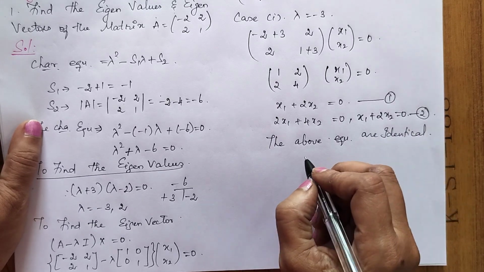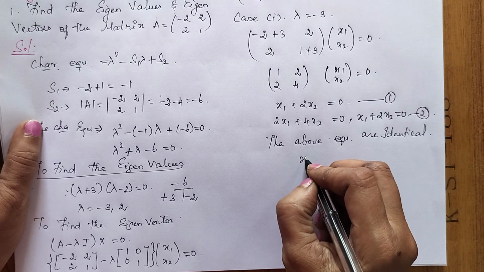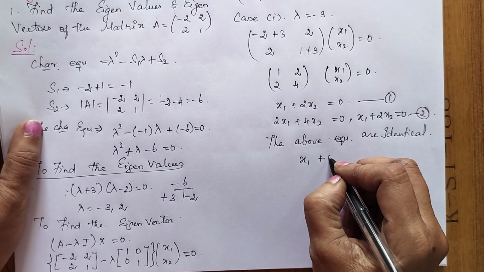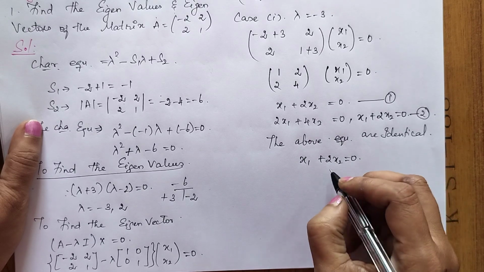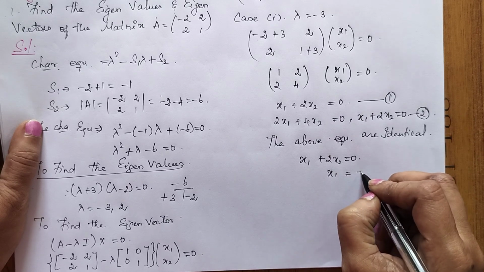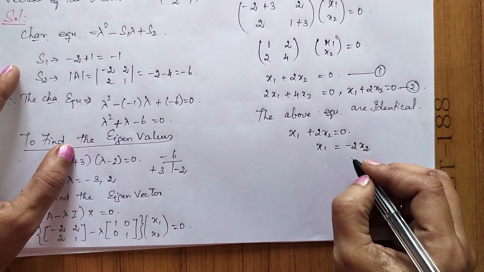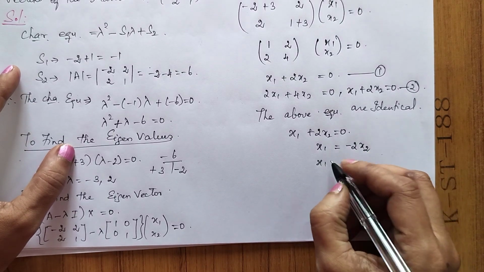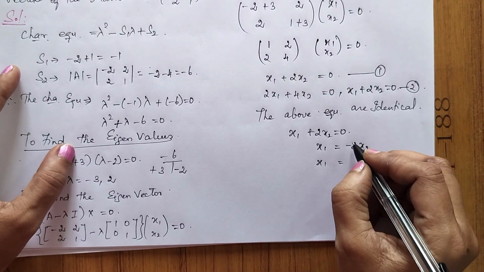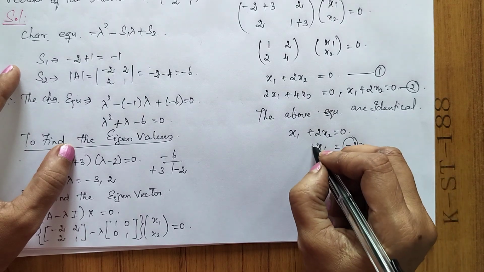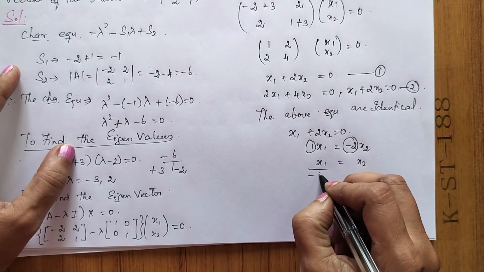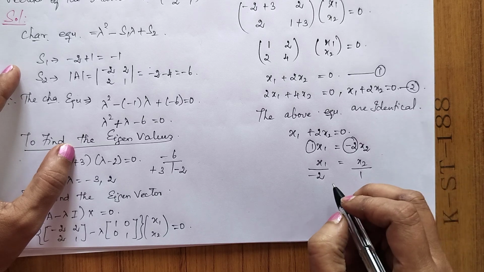So we take x1 plus 2x2 equal to 0. So x1 is equal to minus 2x2. Then this can be written as x1, x2 with the coefficients minus 2 and 1.